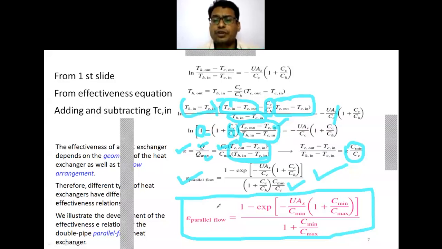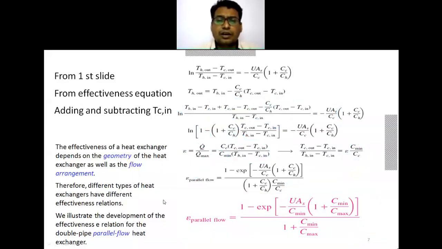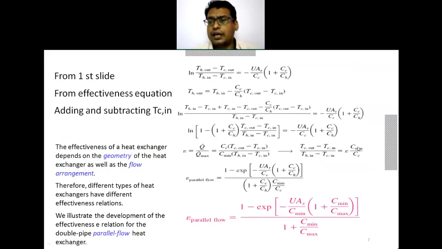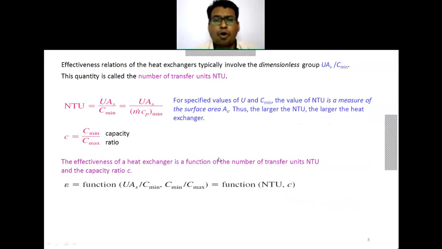This is what we have discussed related to the parallel flow heat exchanger. Similarly, we have C minimum upon C maximum, that is the C, or in some books the R that is written, and this is called the heat capacity ratio.